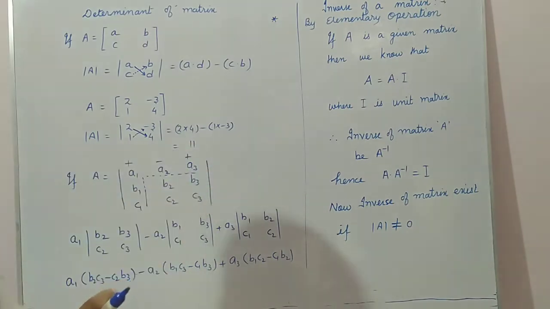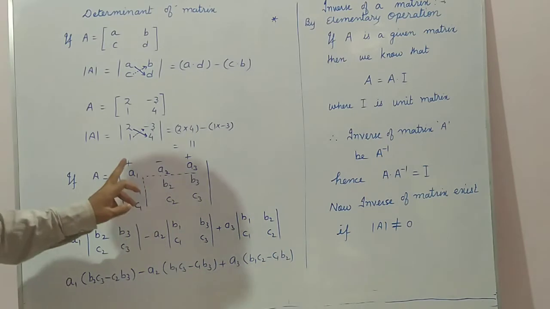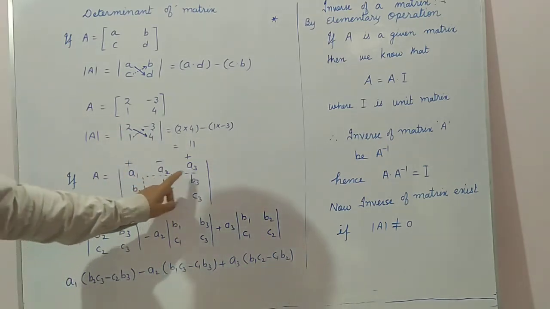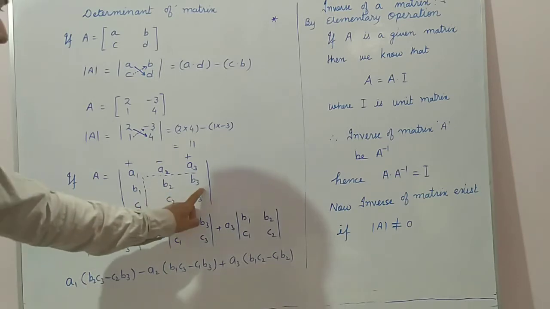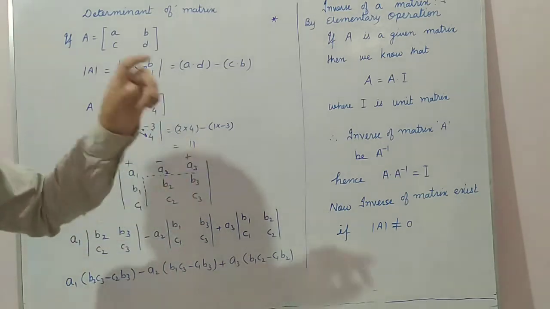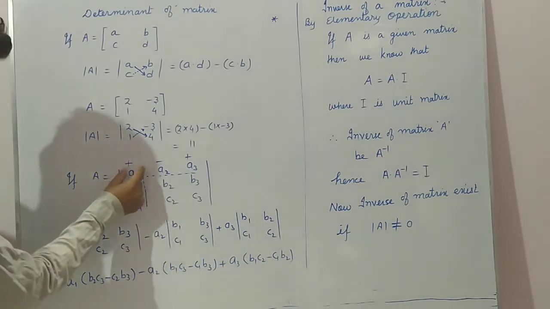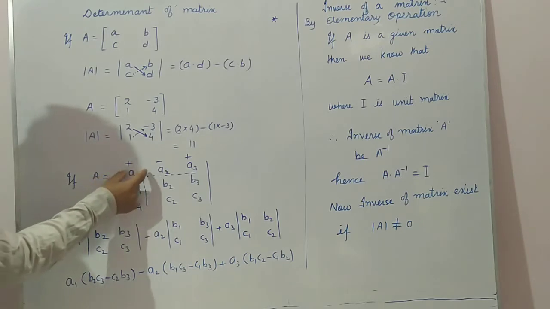Now suppose it is a 3 by 3 matrix, A1, A2, A3, B1, B2, B3, C1, C2, C3. In that case, what are we doing? First of all, we will take the element of the first row and first column.